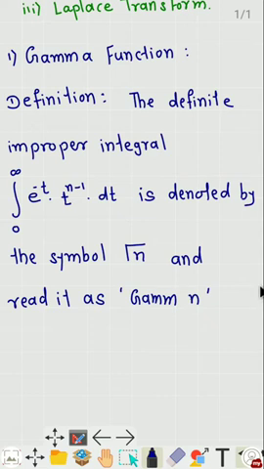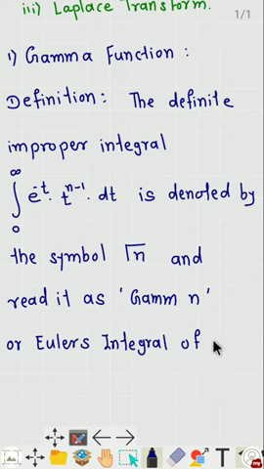Gamma n is called Euler's integral of the second kind, or improper integral.